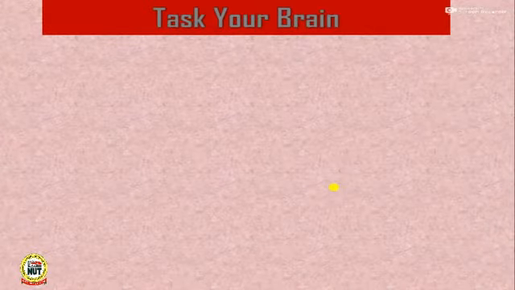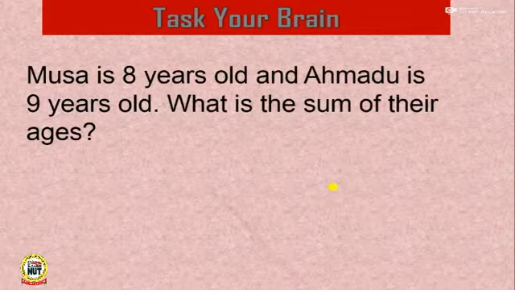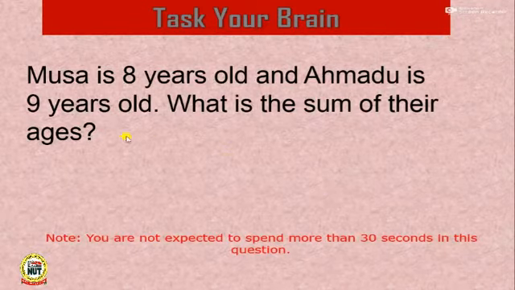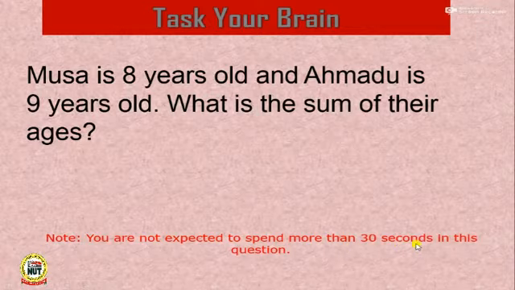Now I need you to take this simple exercise. I need you to task your brain. I need your brain to be at work. Now we have a question on the screen which I want you to quickly look at. Note, you are not expected to spend more than 30 seconds on this question.